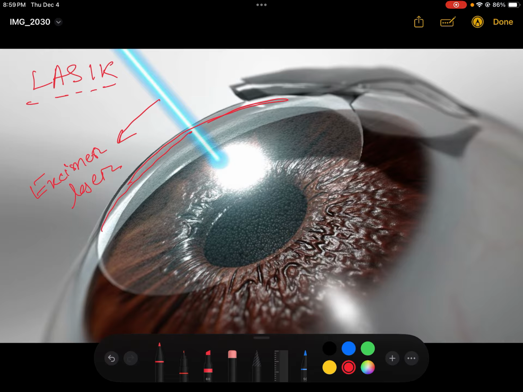Uses: depending on corneal thickness, it can correct hypermetropia up to 4 diopter, astigmatism up to 5 diopter, and myopia up to 12 diopter.